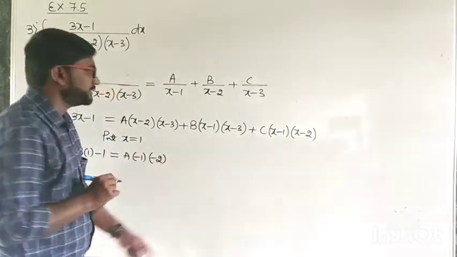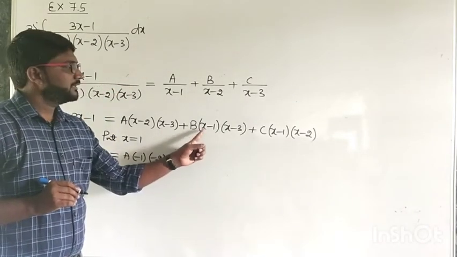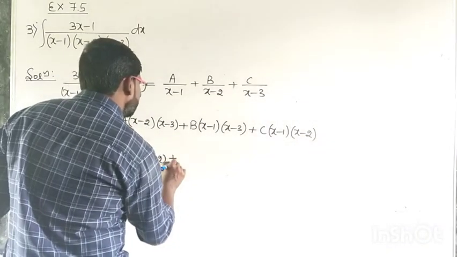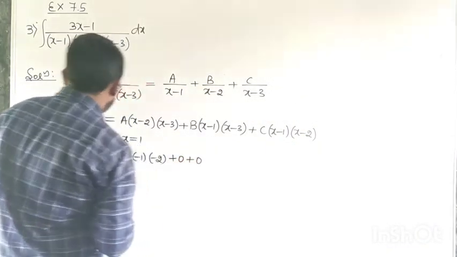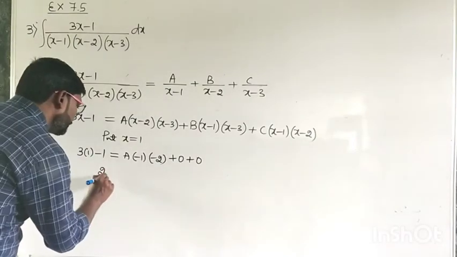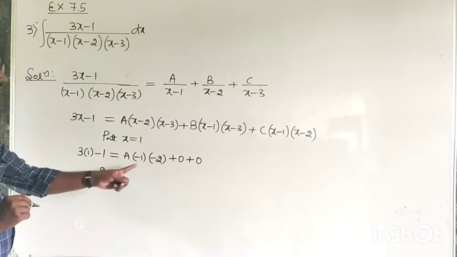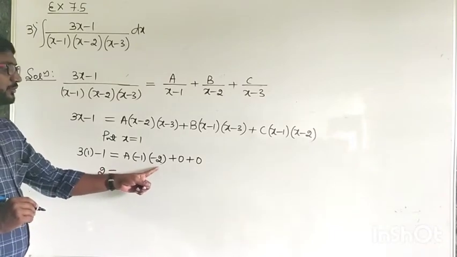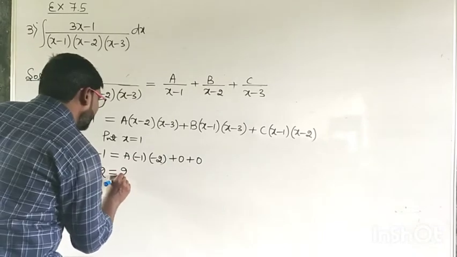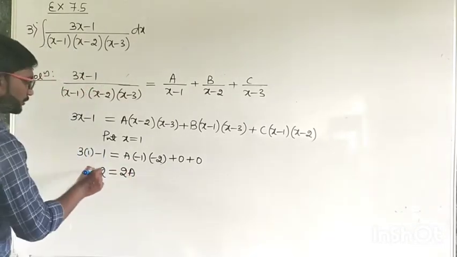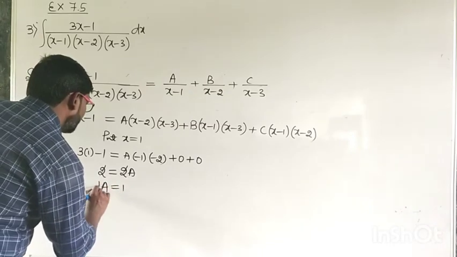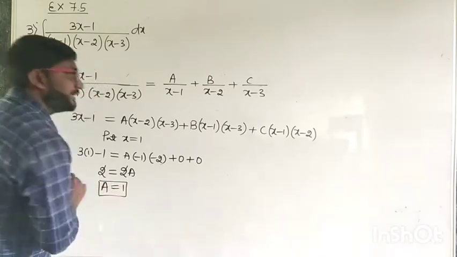If you put x as 1, these two terms become 0, plus 0 plus 0. So 2 equals minus 1 into minus 2, which is plus 2, so 2a. Now 2 gets cancelled. a equals 1. So we have got the value of a.